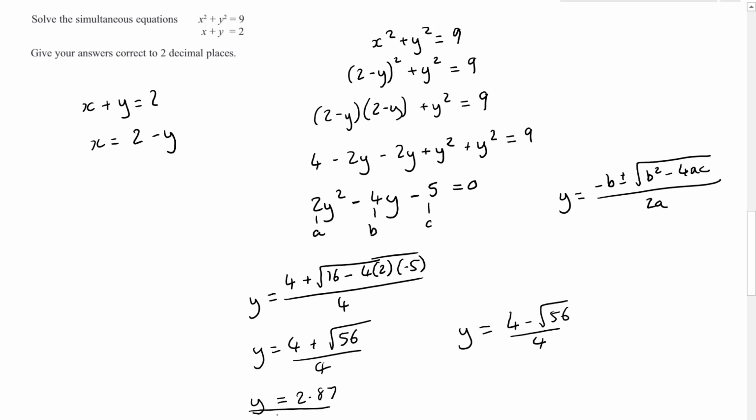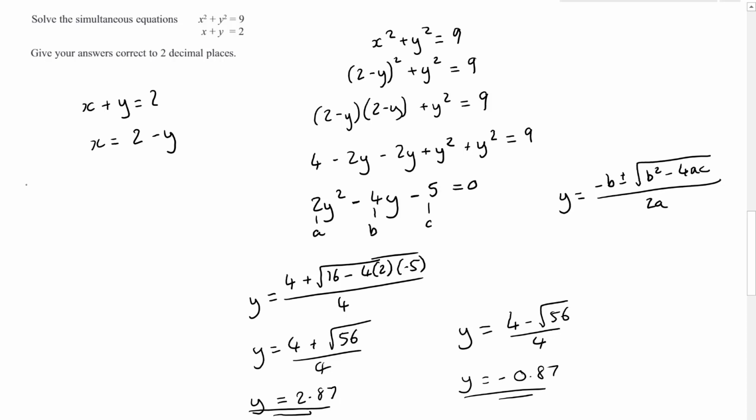So y is equal to 2.87, and if we make that a negative instead and look at our other option, y is equal to minus 0.87.